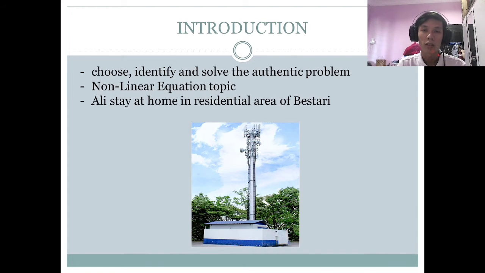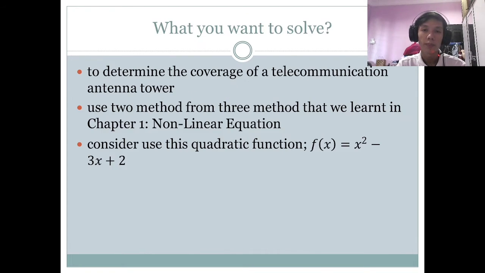So we solve that analytic problem. What we want to solve is to determine the coverage of a telecommunication antenna tower. We need to calculate manually and using Microsoft Excel for the results and discussion.